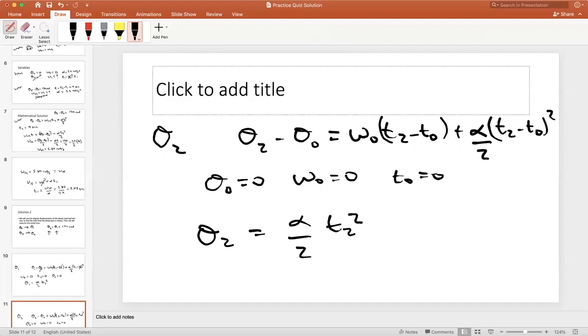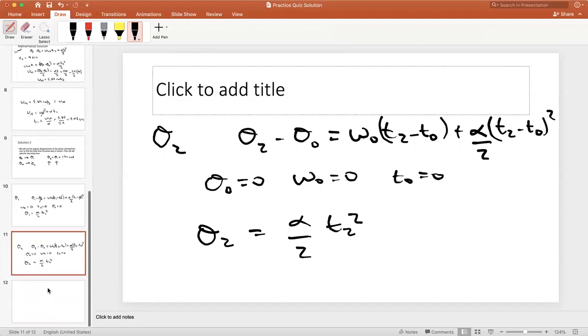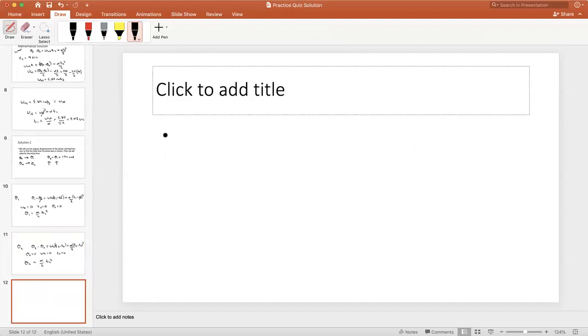And now, here comes the part where you have to pay attention. There's a key caution here. From the earlier slide, we saw that theta 2 minus theta 1 was 170 rad.